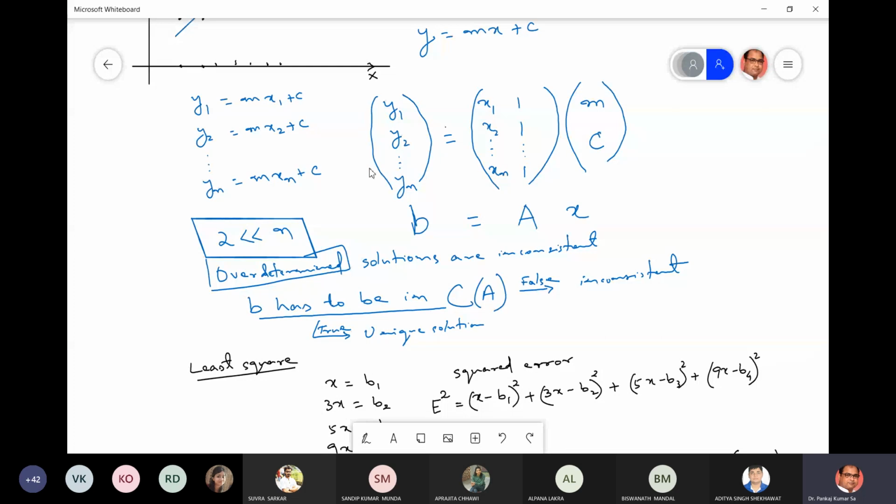So if I put this entire set of linear equations, y1 to yn, in the form of a matrix, then on the left hand side it becomes an n cross 1 matrix comprising all the y's, and on the right hand side it becomes a multiplication of two matrices.